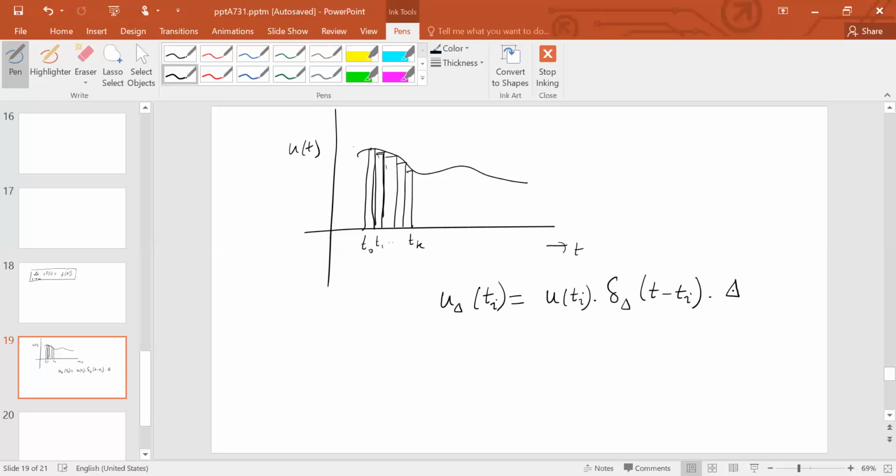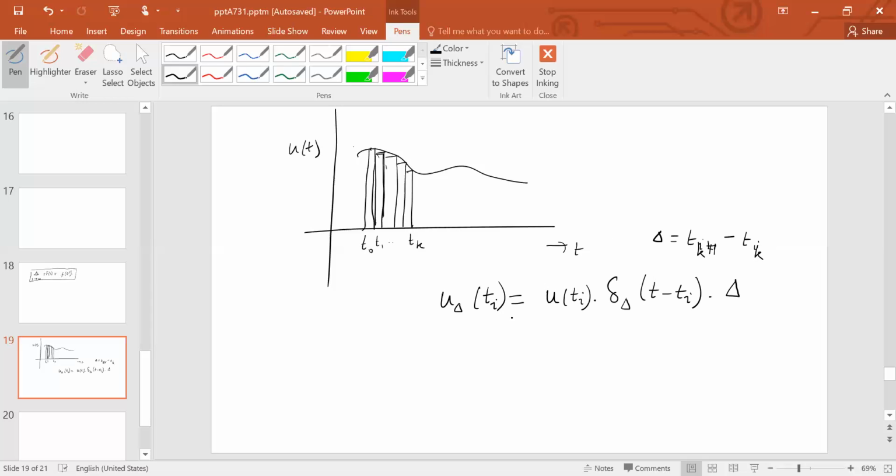times delta, where delta is nothing but t i plus 1 minus ti. So i can be anything here. This is a particular i that we've chosen, but let me call it k then. T of k plus 1 minus tk for any integral value of k. So this is basically the spacing between the two.